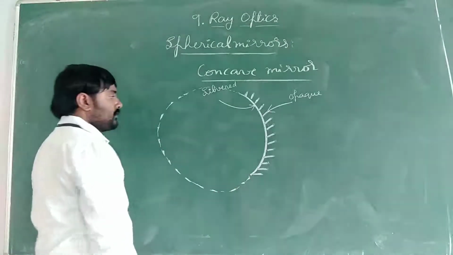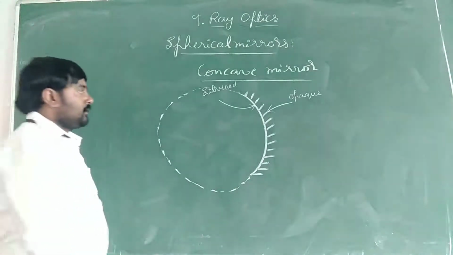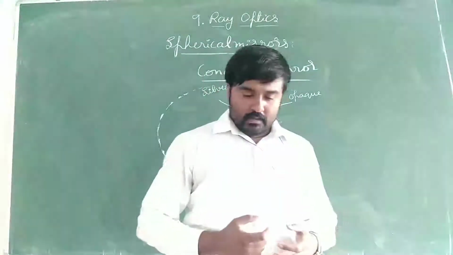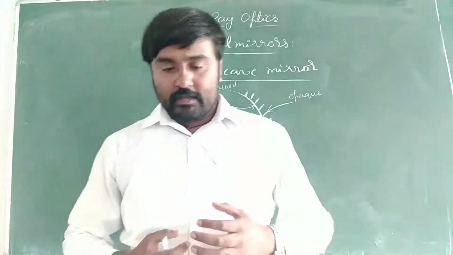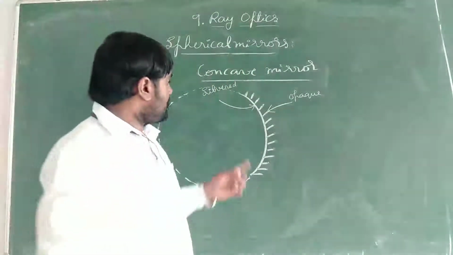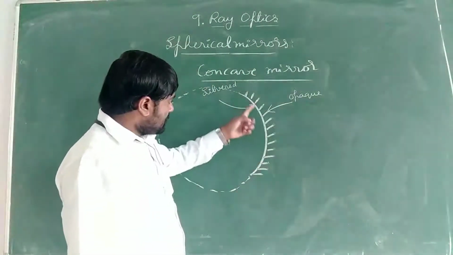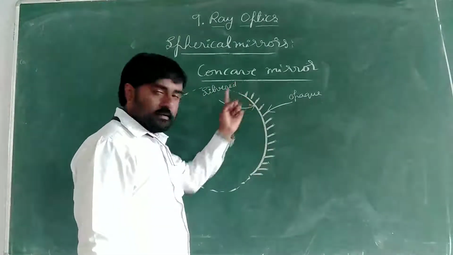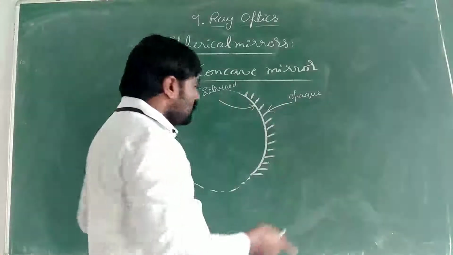So what is the meaning of concave mirror? Concave mirror means the light gets reflected from inside the surface of a part of a hollow sphere.